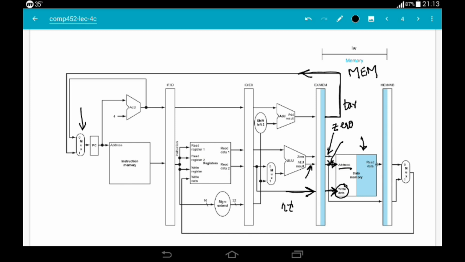So what's happening here is the data memory is being read, and after the read operation, data memory presents the contents of that location at its output port, and it gets written into the memWB pipeline register. memWB. WB stands for write back.